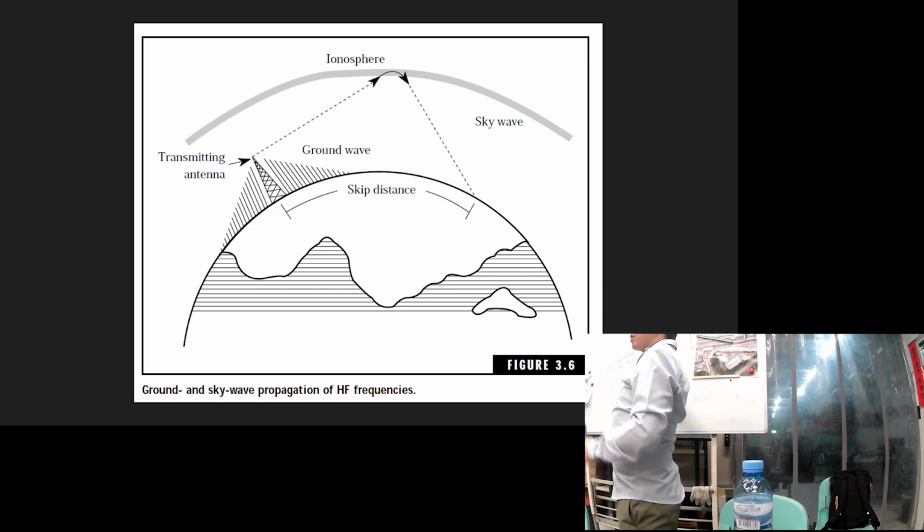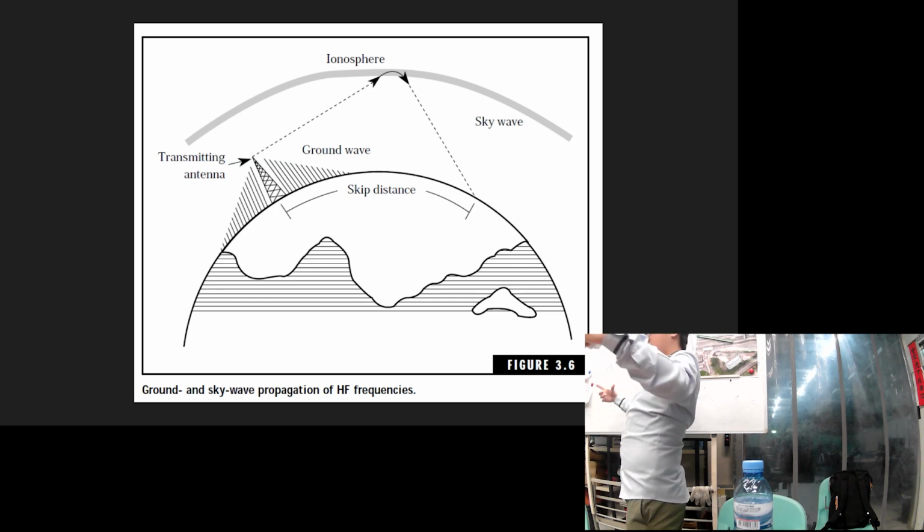Because the skywave propagation makes use of the refraction from the ionosphere, the location where the signal lands cannot be controlled. I should put it this way: if you are emitting a signal at an angle, of course it will land at a very far distance, and only this place can receive your signal.